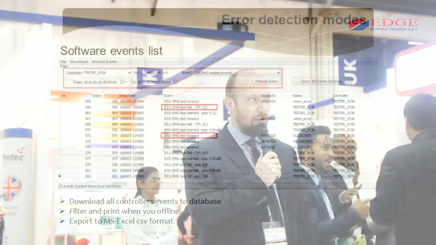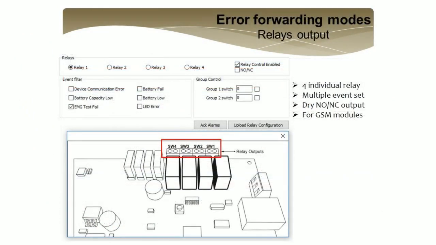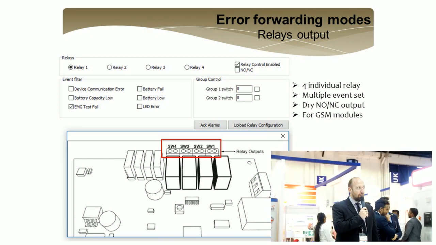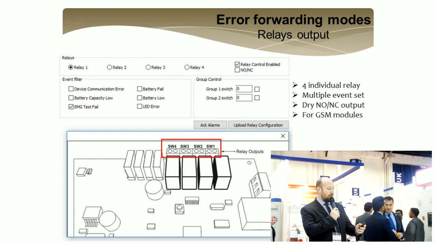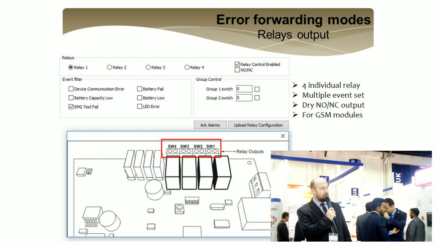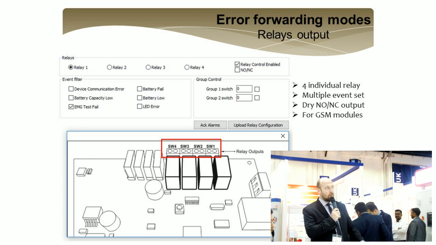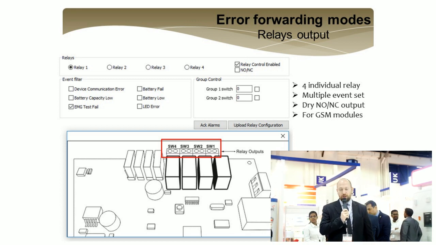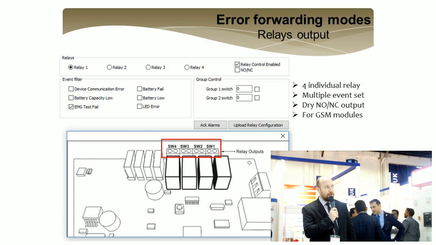You can forward these errors with 4 individual relays. The relays are on the main panel inside the main controller box, and you can program them for 6 different events: device communication error, battery problems, EMG test fail, LED error.